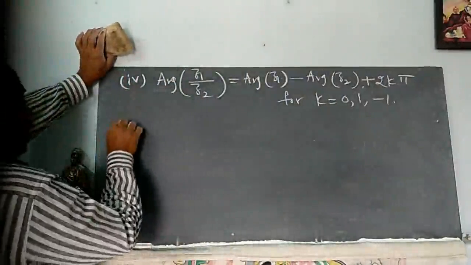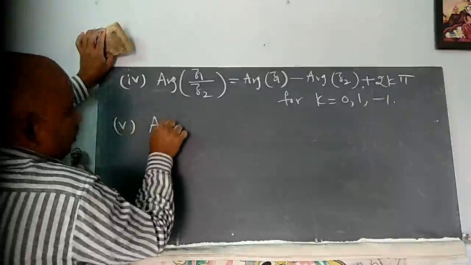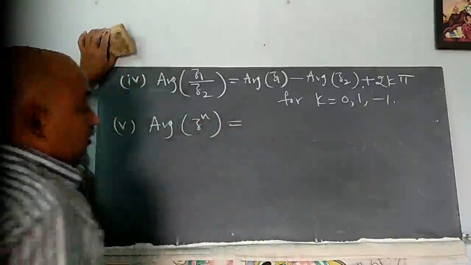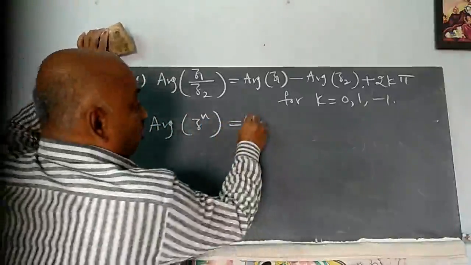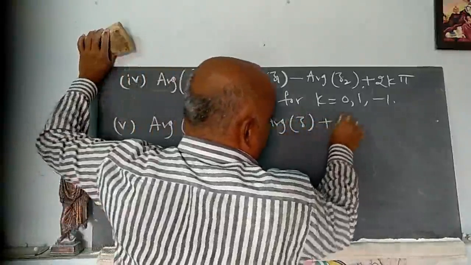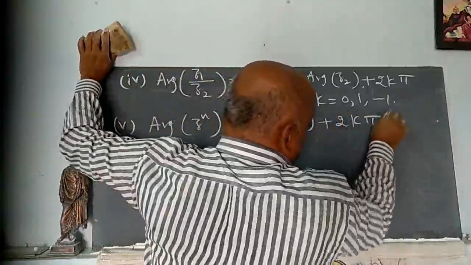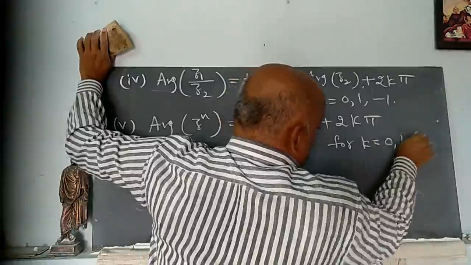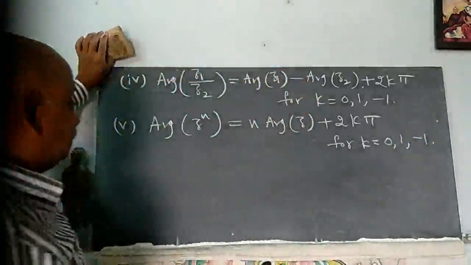Next, fifth property, argument of z to the power of n is equal to n into argument of z plus 2k pi for k equal to 0, 1, minus 1.